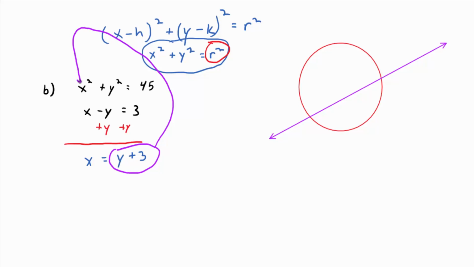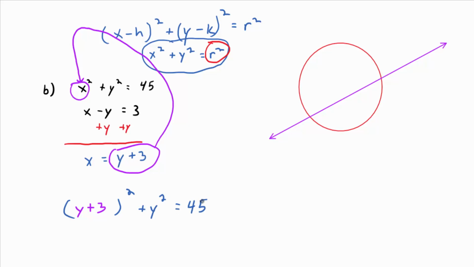We want to get the same variable, singular, in that equation. Okay, so plug it in right there. You need parentheses where that x was on the right here. You need a set of parentheses there, parentheses squared, and then in that set of parentheses, you're going to go ahead and plug in the y plus 3. So you have y plus 3 quantity squared instead of x squared. And then you have plus y squared equals 45.